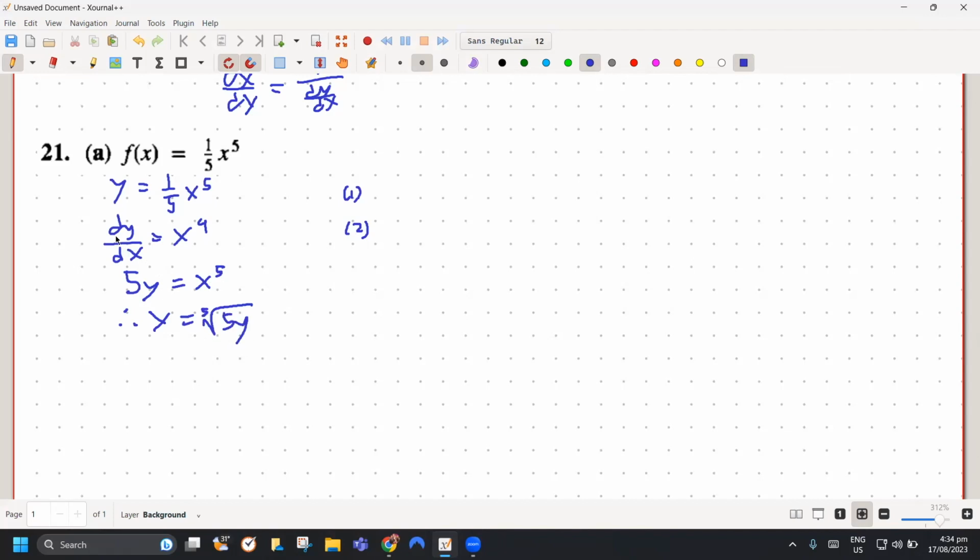So, that's equation number 3, equation number 4. Ngayon, so we have x in terms of y. Pwedeng isulat mo na mas maayos yung x. Okay, ngayon ano yung dx/dy?